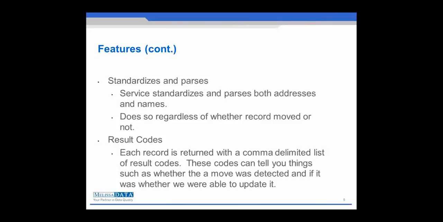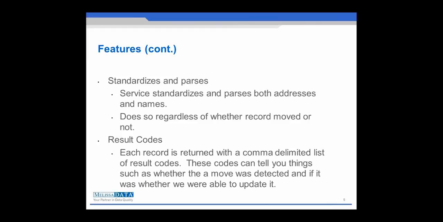Smart Mover will also return a series of result codes. We don't just return you the data without telling you anything additional about it. We'll return a comma delimited list of result codes that can tell you whether or not that person moved. So you don't have to necessarily look at whether the address changed programmatically.